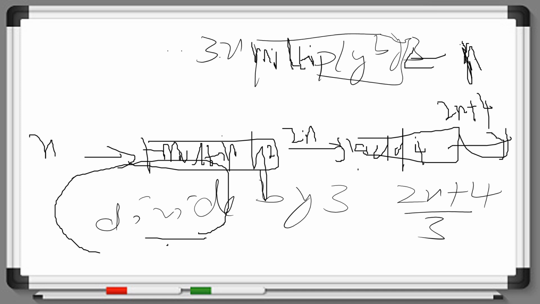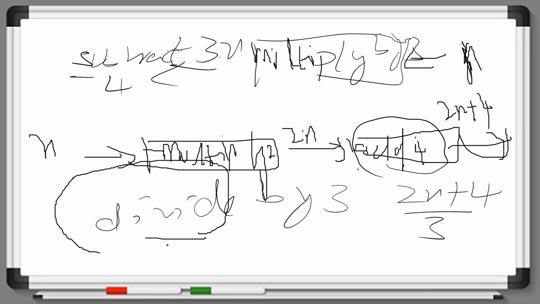After that there is add. So you see this function add. So I will subtract now. Subtract 4. So it becomes, boys, 3x minus 4. Okay.